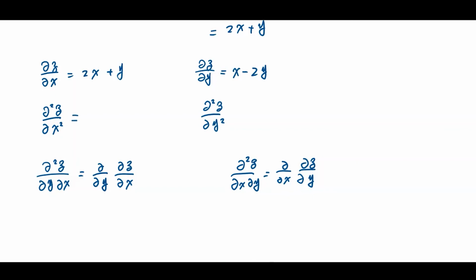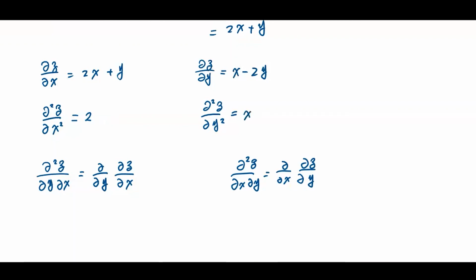Well, this one is easy. You take another derivative with respect to x. You get it? So this becomes 2 plus y. This one, we have taken a derivative with respect to y, and we take another derivative with respect to y. So, oh my God, I screwed up.